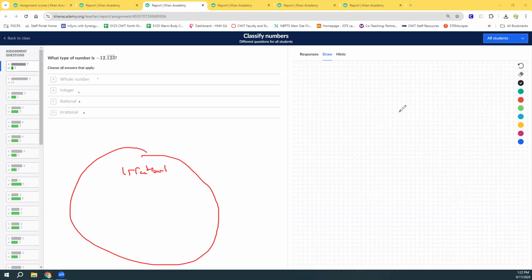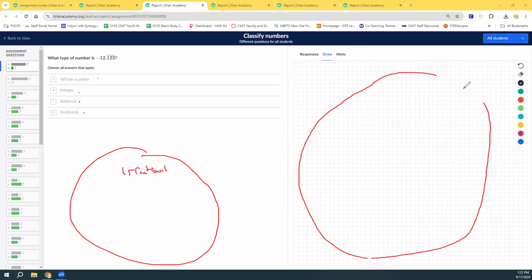But inside of the rational circle, oh my, I need to make a bigger circle. I wonder if I could use shape.